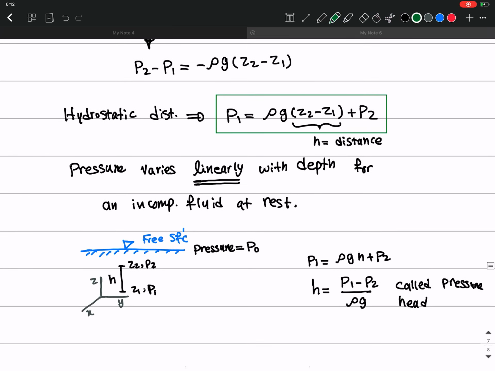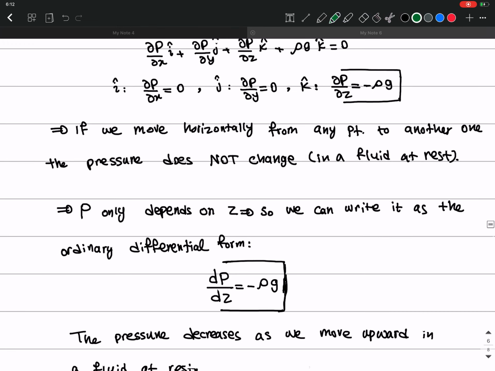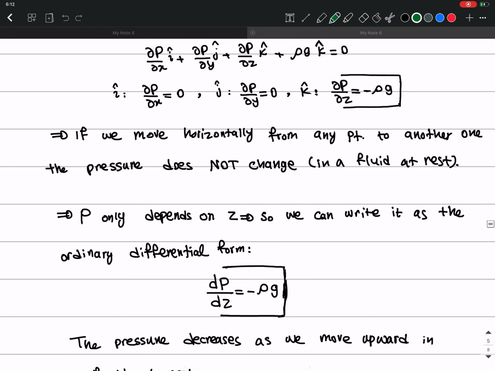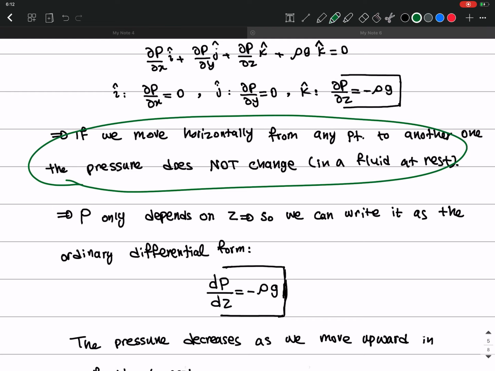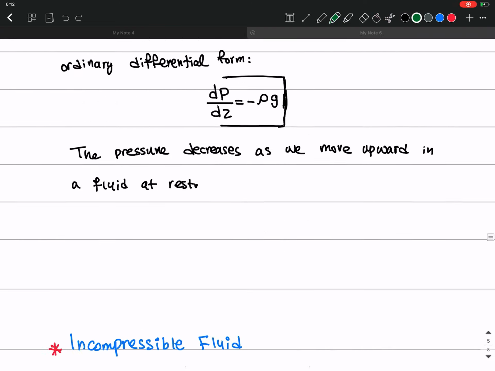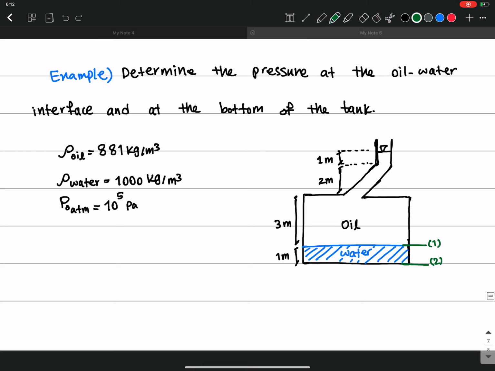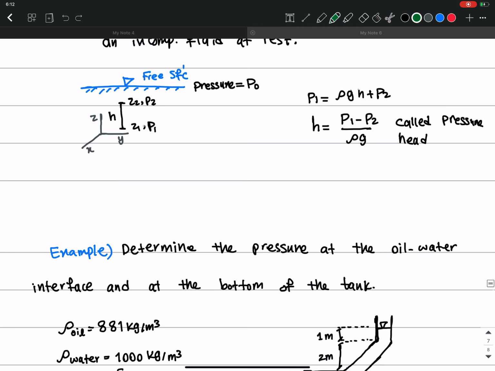For an incompressible fluid at rest, the pressure only depends on Z, or the elevation. If you move horizontally from any point to another one, the pressure does not change. That means the pressure here and here are equal along the same horizontal line. So the only thing I need to know is the depth.